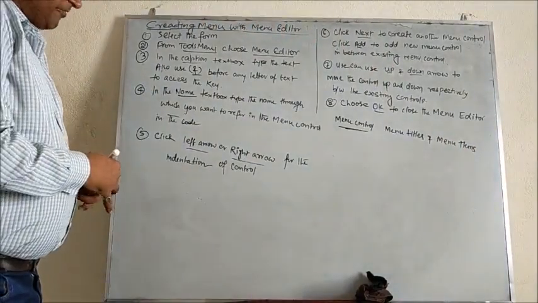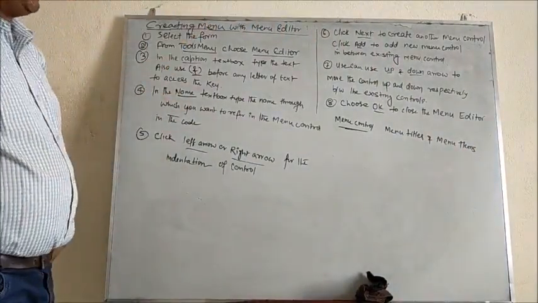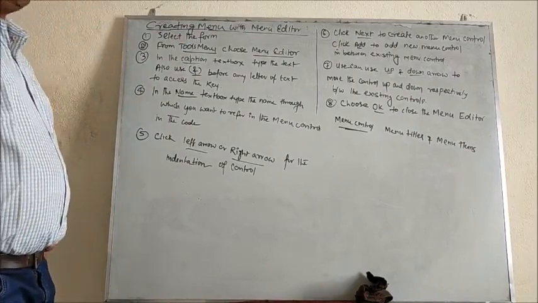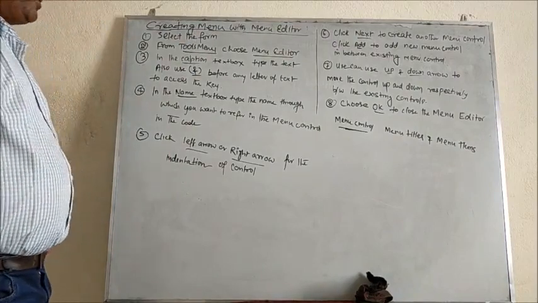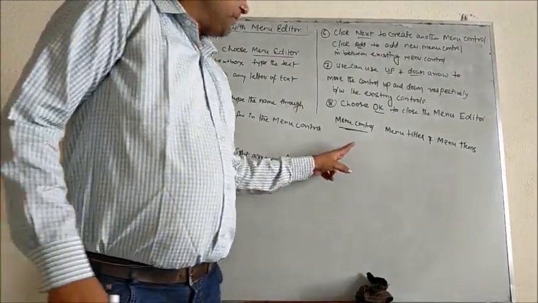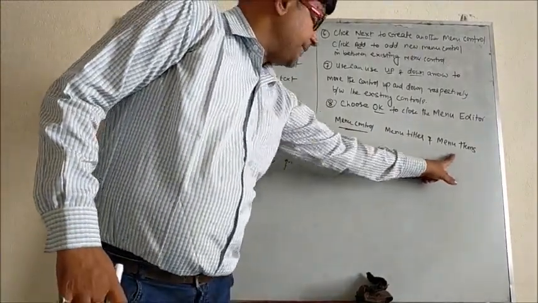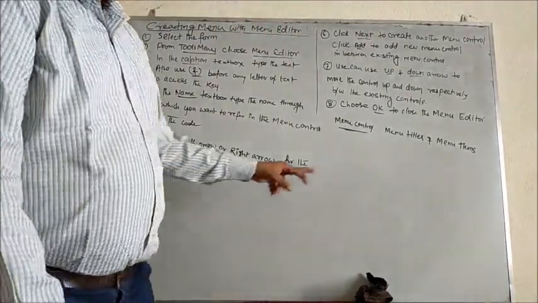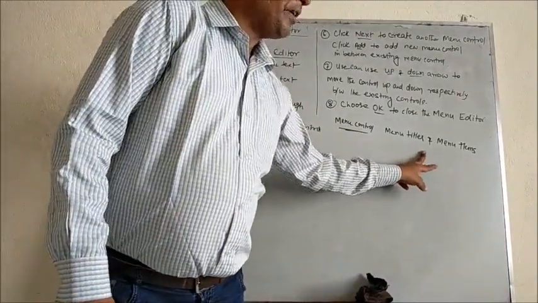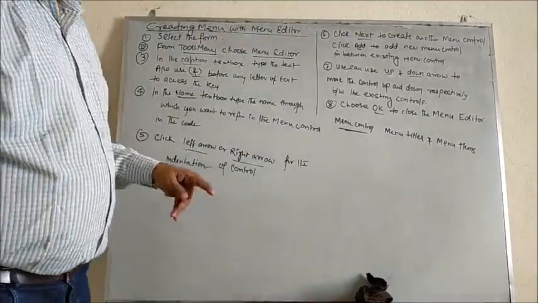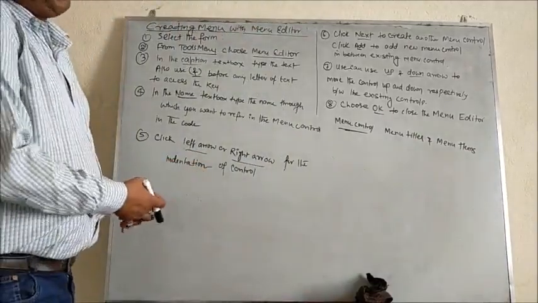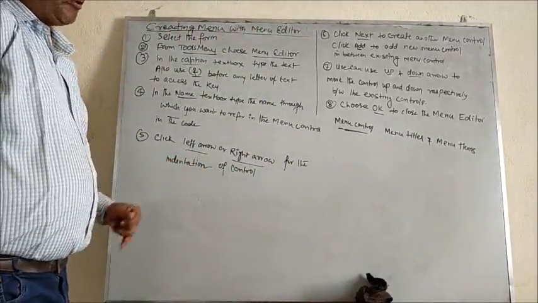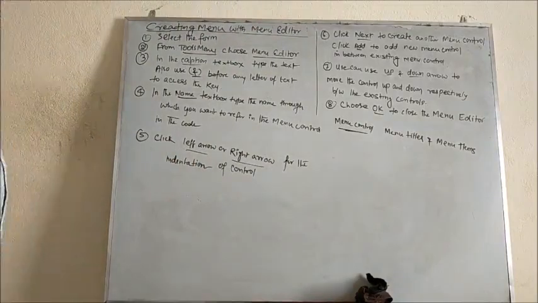So what we are doing in the menu editor is designing the menu controls. And what are menu controls? Menu controls are nothing but menu titles and menu items. In the last video, I already explained what you mean by menu titles and menu items. If you have any doubt, you may go and watch my previous video.